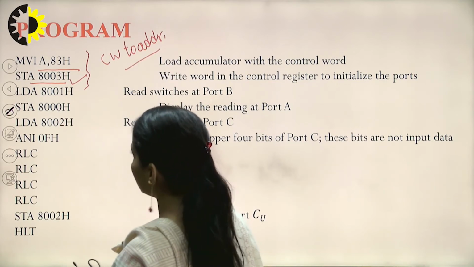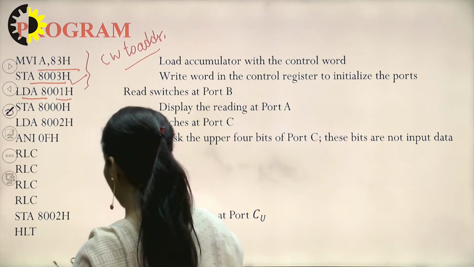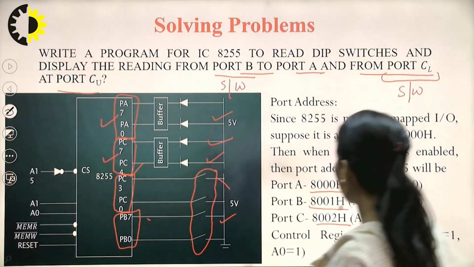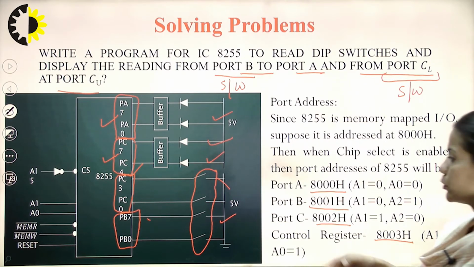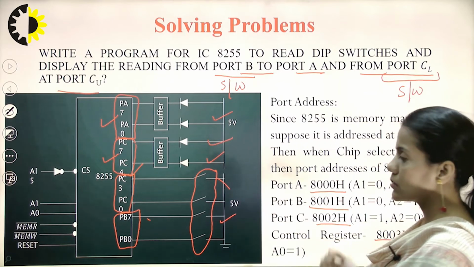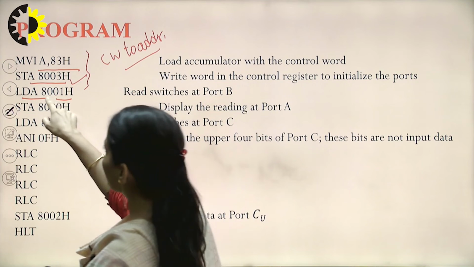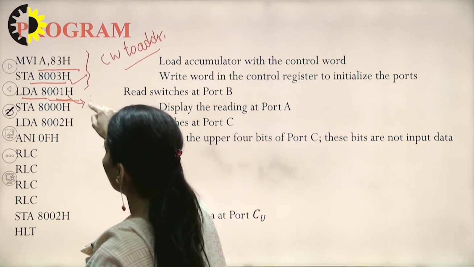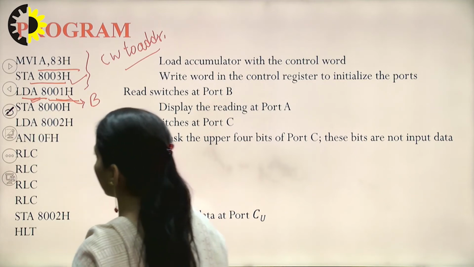Now we are loading the accumulator with 8001. What is 8001 here? It is the port B. So port B is the input port, so we are reading the status of port B using this instruction. Because this is the port B address, the status of port B is being loaded into the accumulator.